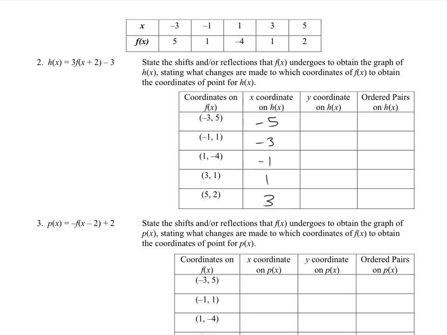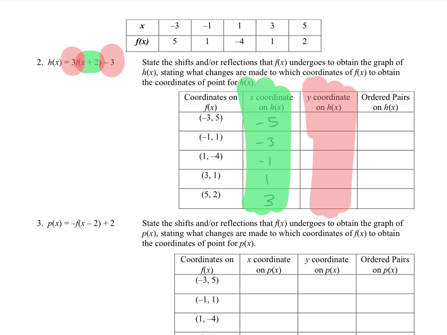All right, then the other parts of this transformation are happening on the outside. So that's the multiplication by 3 and then the subtraction of 3. Those have an effect on the y-coordinate.